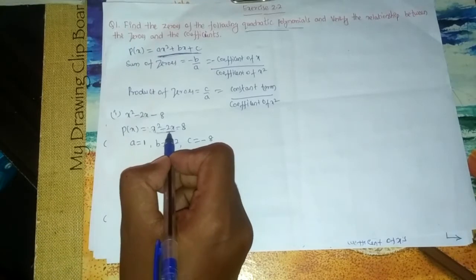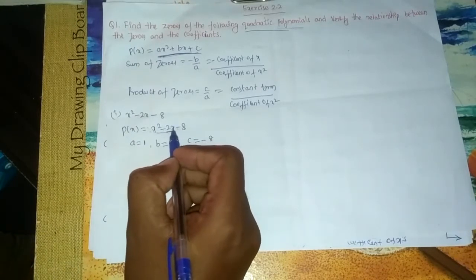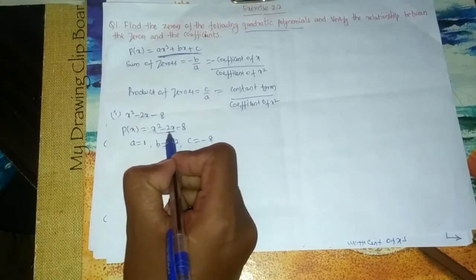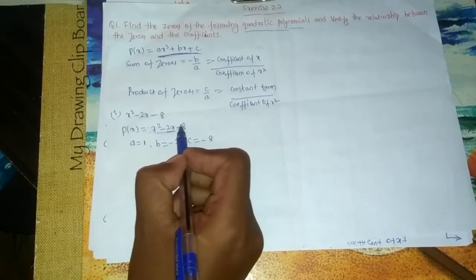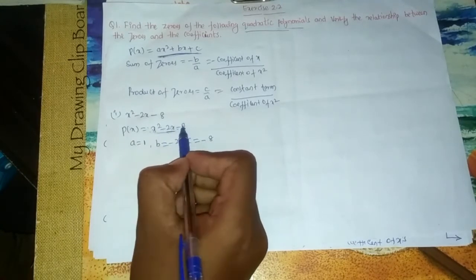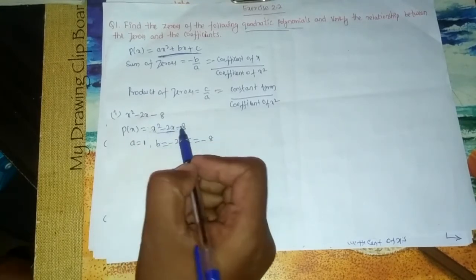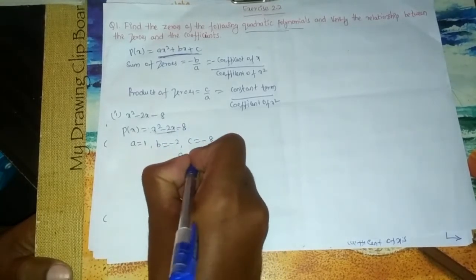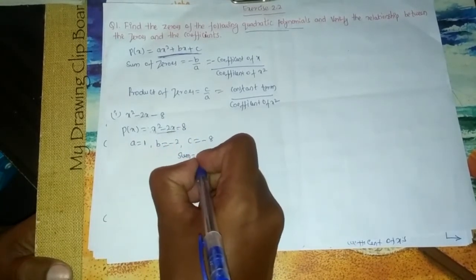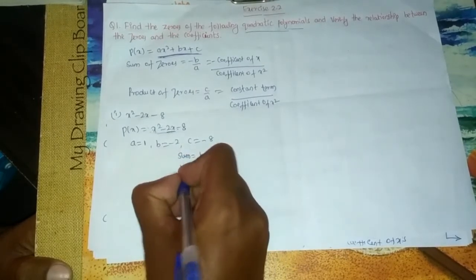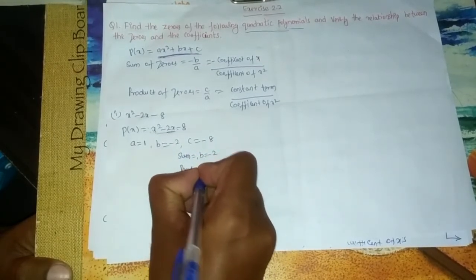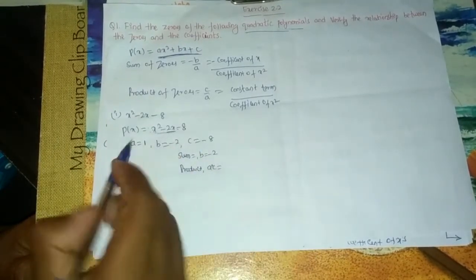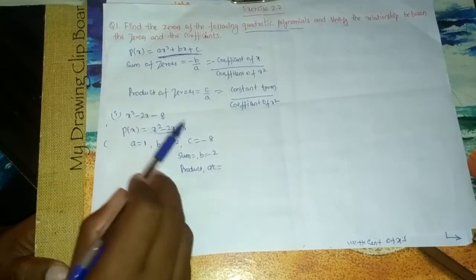Okay, so now coming to the splitting of this quadratic polynomial. We have to split in such a way that when we add, we should get minus 2x, and when we multiply, we should get 1 into minus 8. That is, when we add, the sum we should get is b, equal to minus 2, and the product is a into c, the product of a and c.